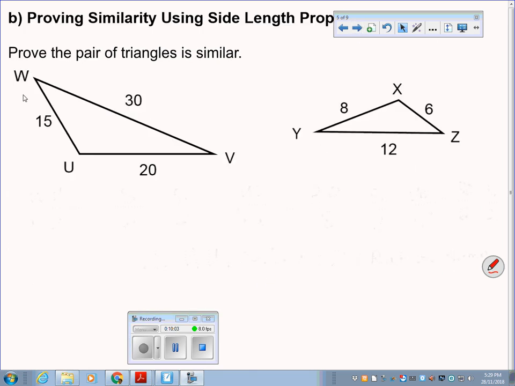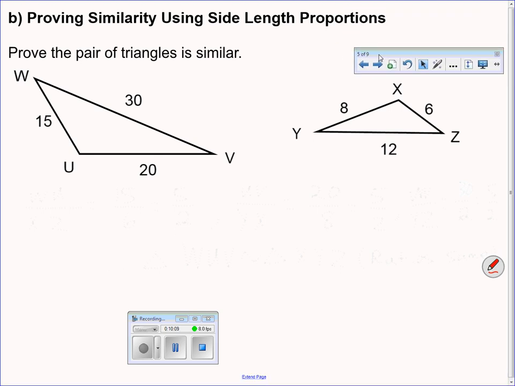Now when we do this next lesson, it's all about proving the pair of triangles is similar by actually comparing their lengths. So another way to do this is to actually compare them. So in this case, what I'm going to do is highlight. I always look at these two triangles and I always try to find the same similar side. So I always look for the smallest side. In this case, the smallest side in the big triangle is 15, and the smallest side in this triangle is 6.